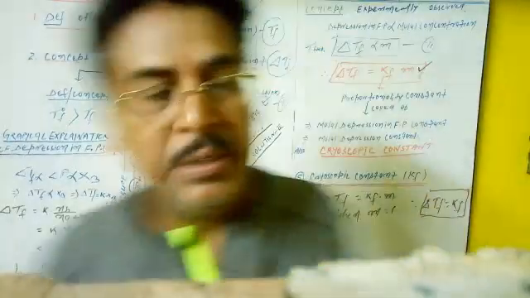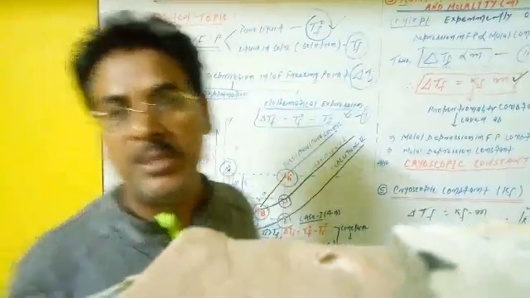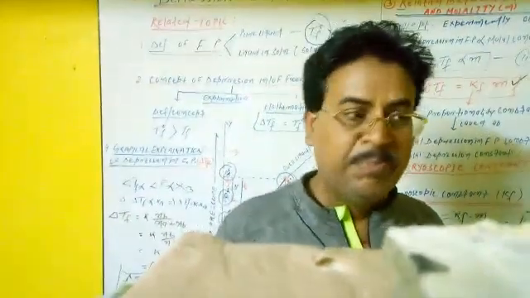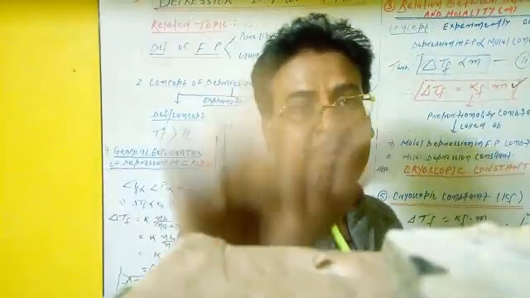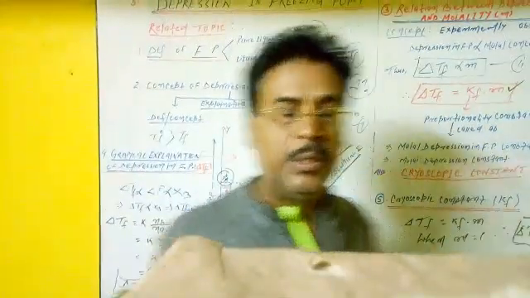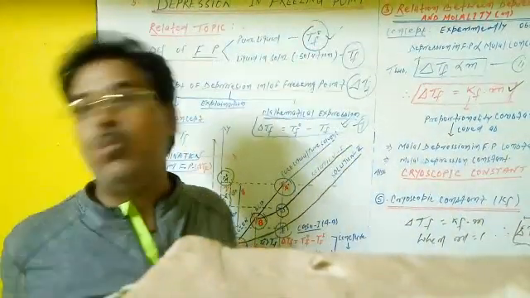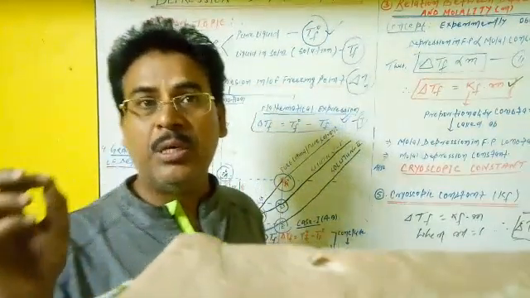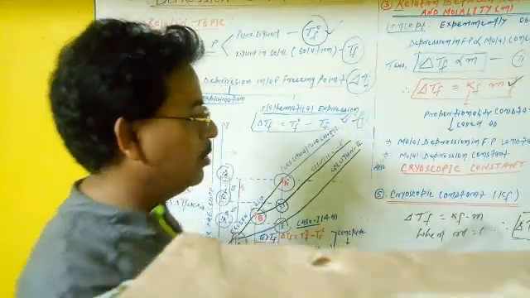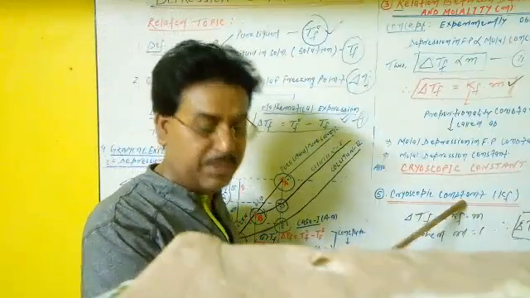But more commonly, in complete definition, we can very simply say that the depression in the freezing point for a solution in which 1 gram mole of solute is dissolved in 1 kg or 1000 gram of solvent is known as the cryoscopic constant.